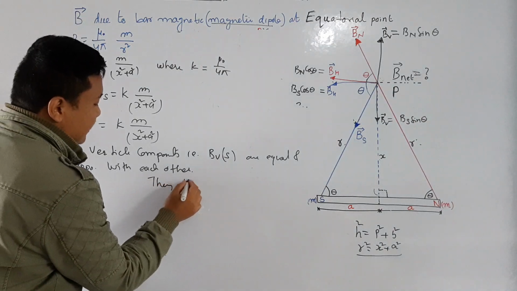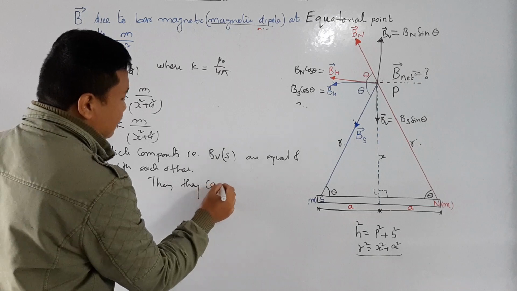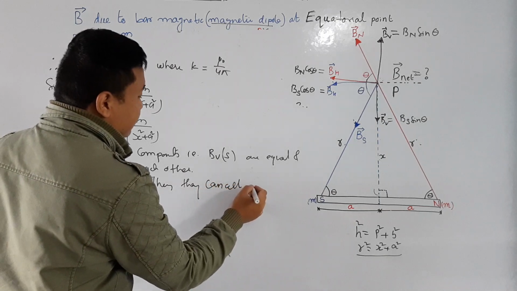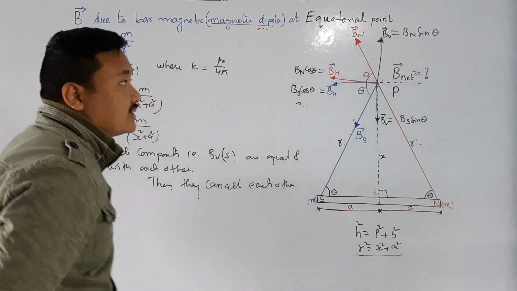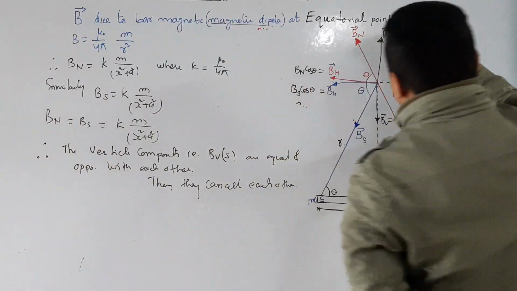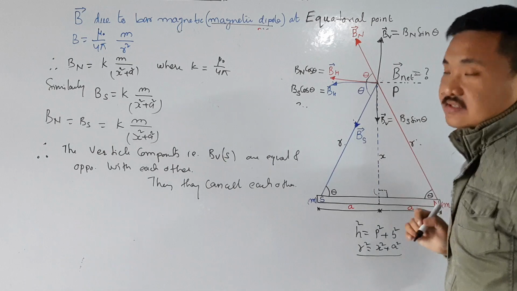Thus they cancel each other. So the net magnetic field due to the vertical components is 0.